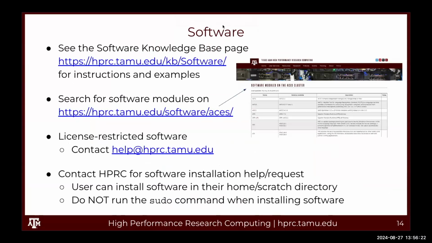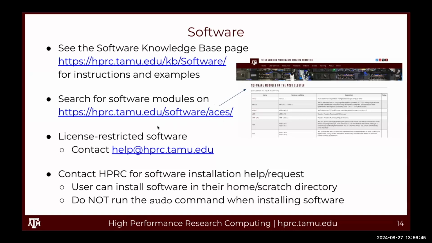Coming to the software part, we have plenty of software available on our clusters, and if you want to know which software is available, you can visit these web pages. You can go to our knowledge base and check out what software we have available, and for each of these clusters we have a separate web page where you can check it out.